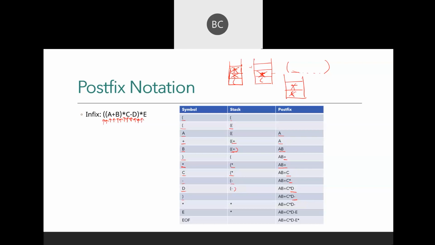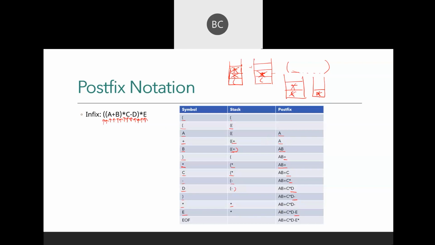Next you have a star sign. So you will push it to the stack. After popping, the stack is empty, right? So we'll push the multiplication sign. Next you have E. So E means you will directly print it here. Now your expression is over. Now you have to see what remains in the stack.